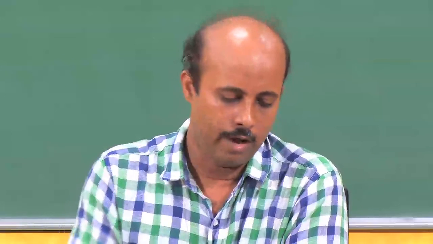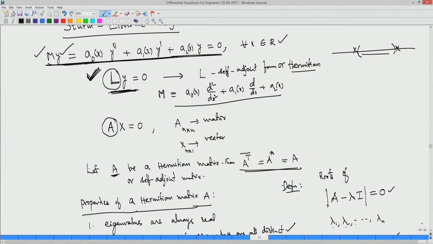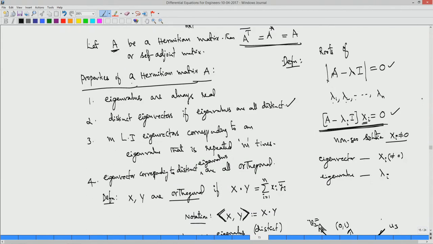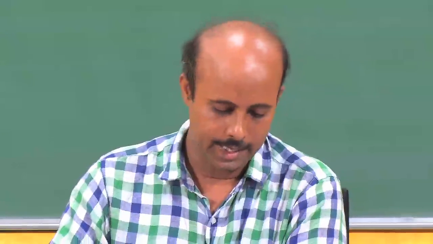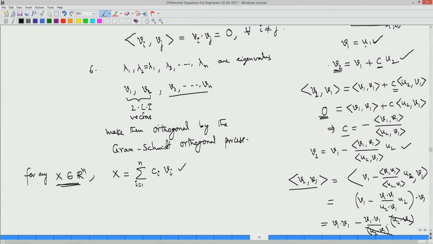So, if you have a Hermitian form of that differential operator, differential equation, analogous to these properties of a matrix, you find the eigenvalues, eigenvectors and make them orthogonal, so that at the end you can write any function in the infinite dimensional space in terms of these eigenvectors.